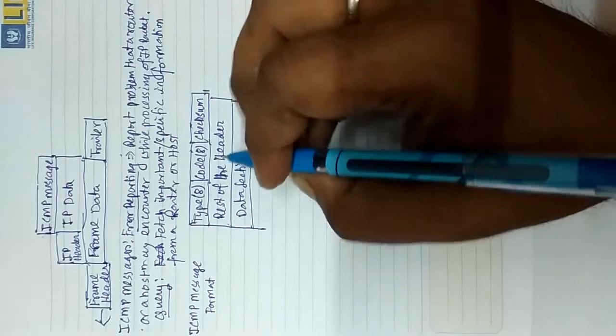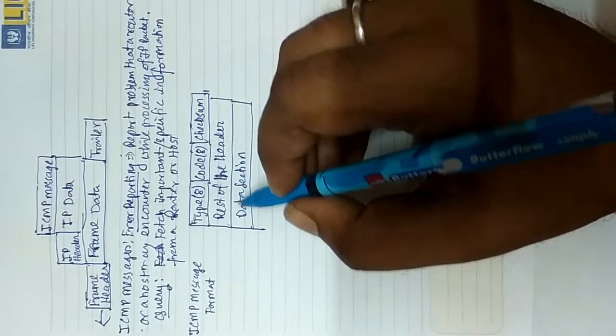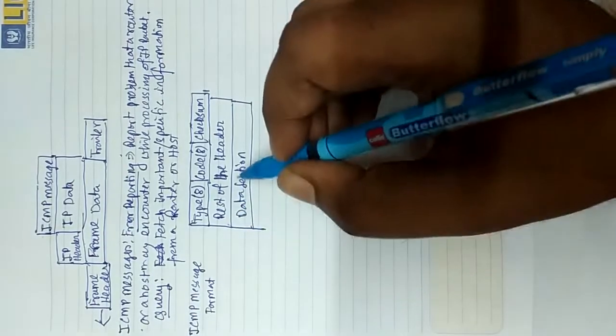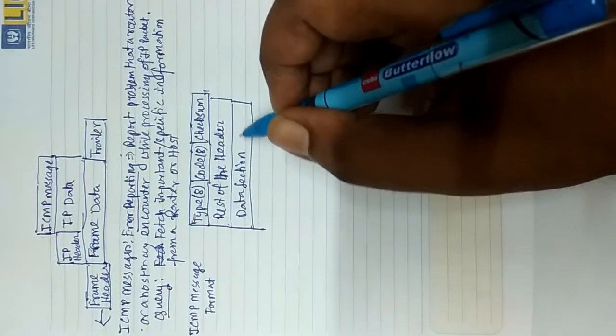What is this data section? It finds the original packet with error if there is an error message, or it has some extra information if it is for query.